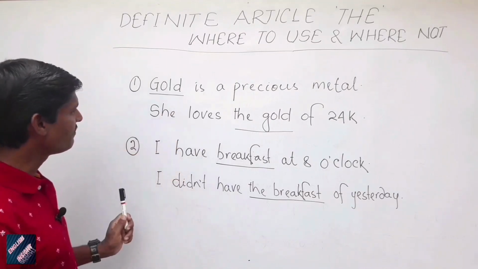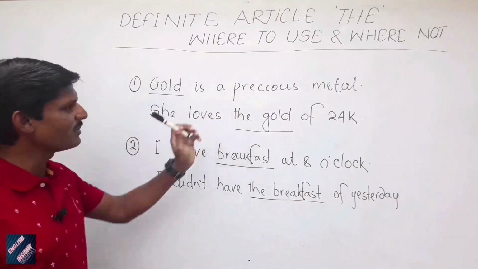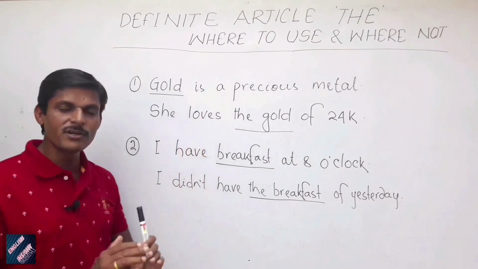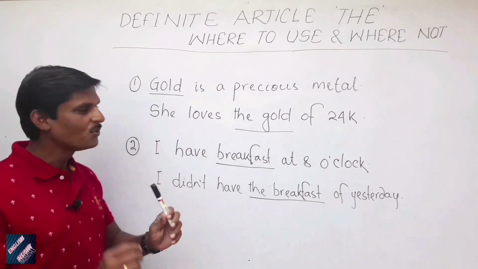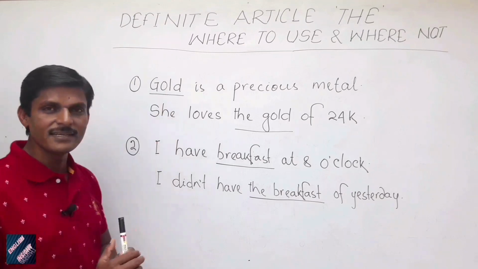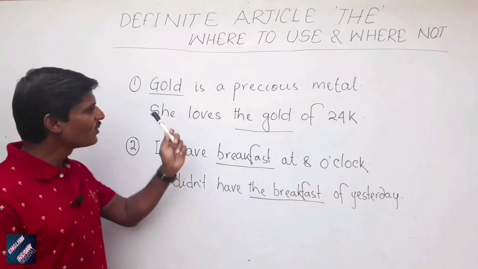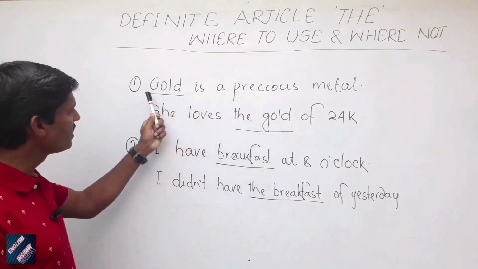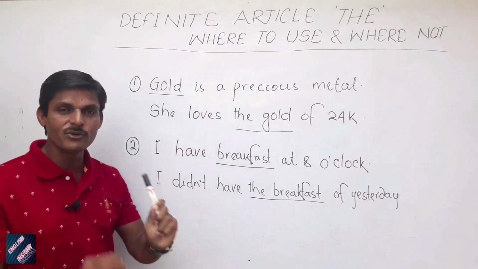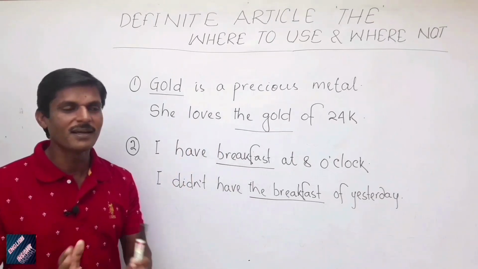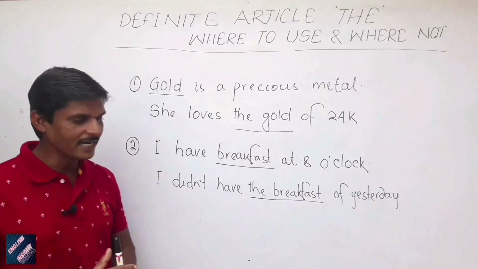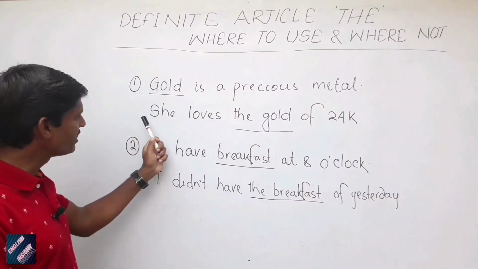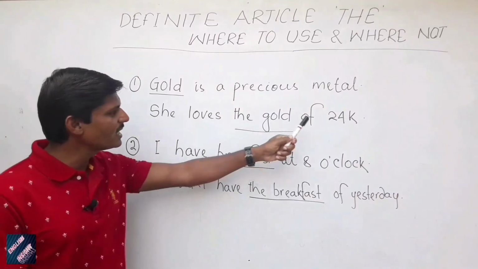Just see the first sentence: gold is a precious metal. The sentence has been written in a general sense. Here we use the word gold in a general sense. Generally, gold is a precious metal. But in the second sentence, it's written, she loves the gold of 24 carats.